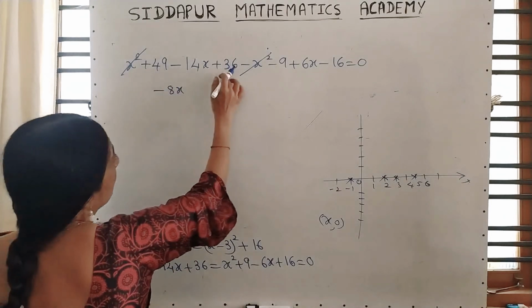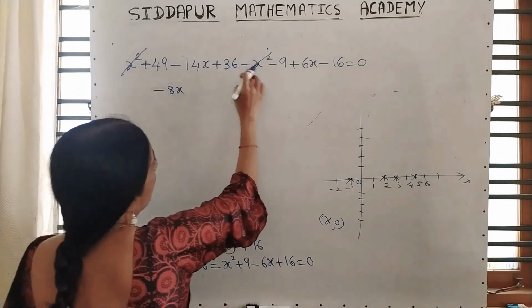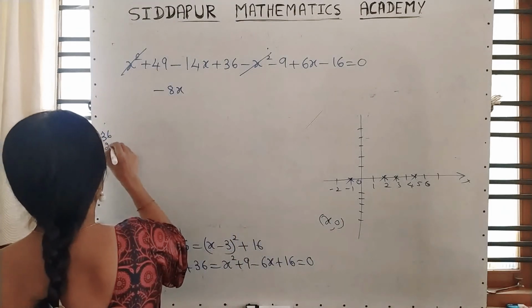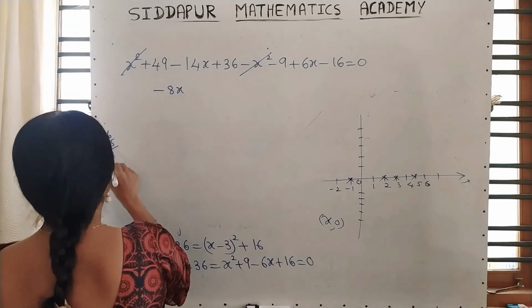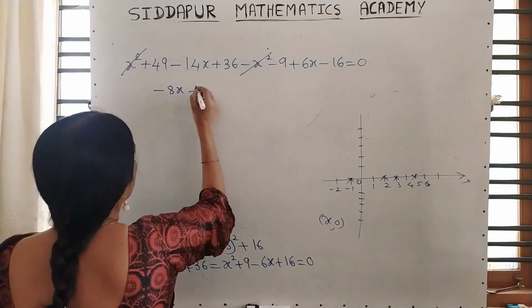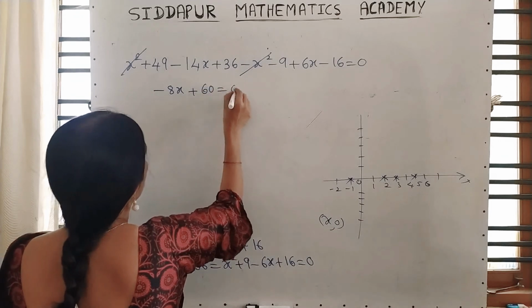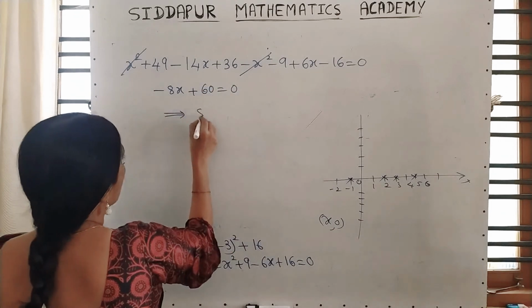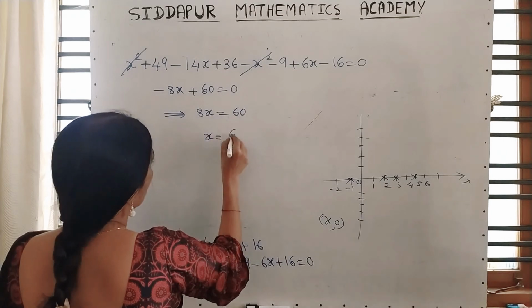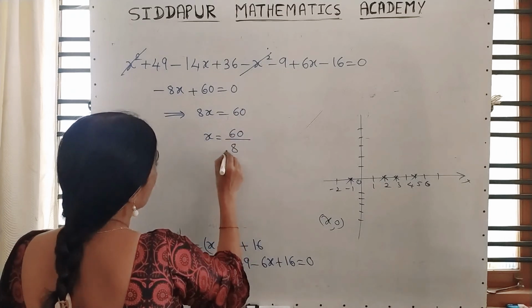And 49 plus 36 minus 9 minus 16 is plus 60, equal to 0. This implies 8x is equal to 60. x is equal to 60 upon 8.